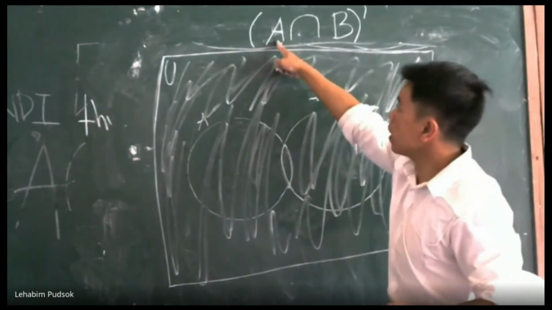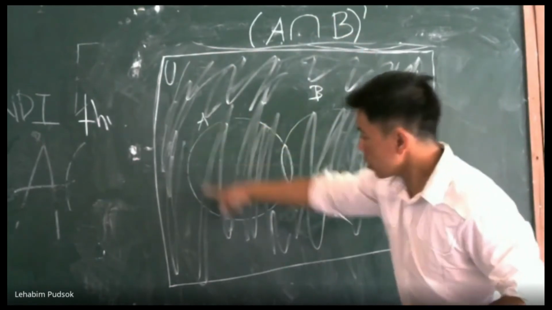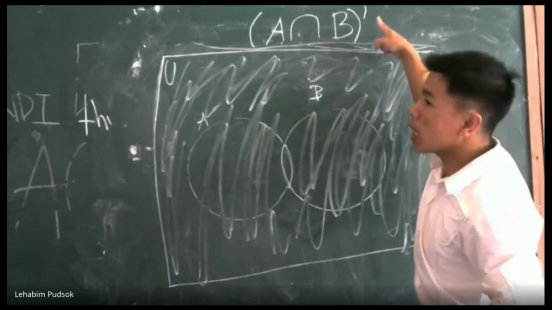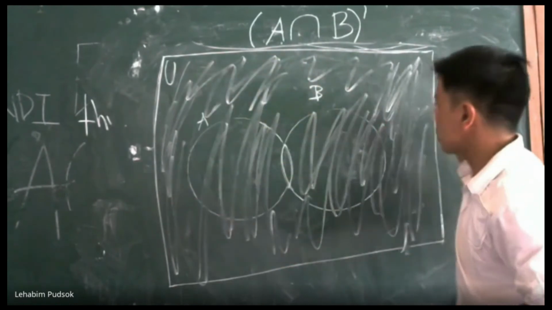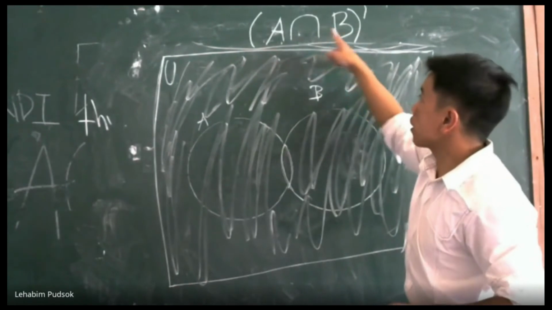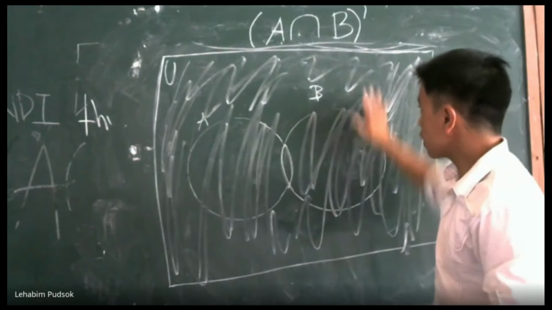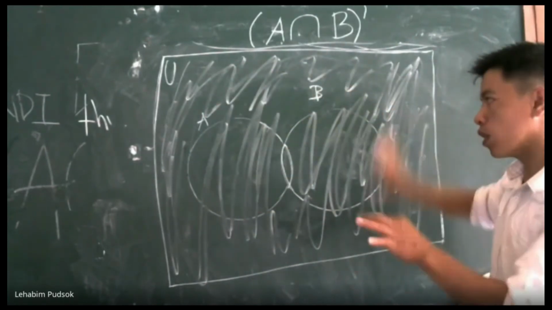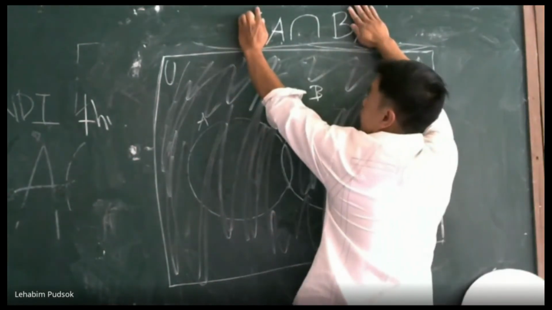A intersects B, but take note, class, because of the shaded part, we can say it is A intersect B complement. If there is no shaded part here, nothing is shaded, we can say that they are only intersecting.